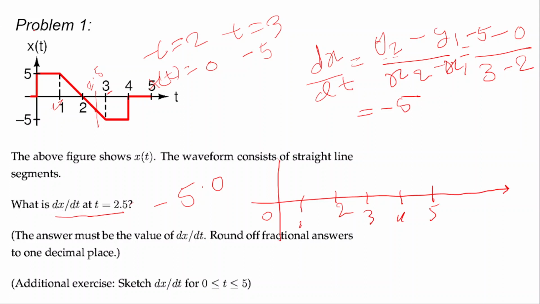As you can see, at t equals 0 there is a sudden jump in the curve. This sudden jump corresponds to an infinite slope at t equals 0.